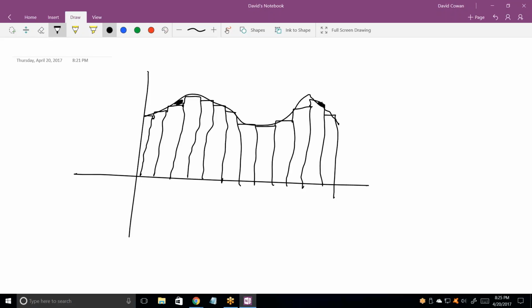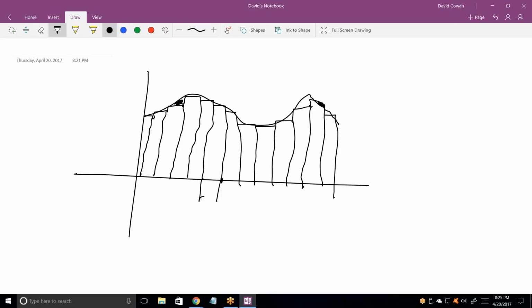And if I were to put 1,000 rectangles in there, I would have a really accurate approximation. But the perfect answer that's not an approximation is if I put an infinite number of rectangles in there, which is saying I'm going to let their width go to 0.